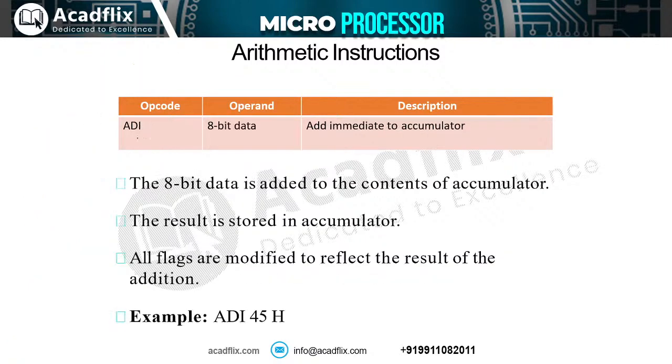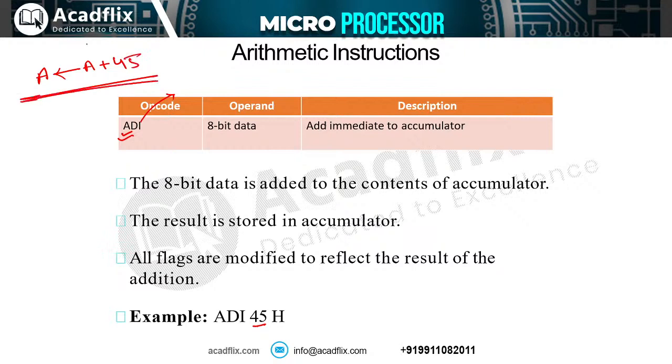ADI means that you are adding an immediate value. Wherever you see I, this means immediate. So ADI 45 means that with the accumulator, we will add the value of the accumulator register with the immediate value. The immediate value will be given in the instruction itself, that is 45.